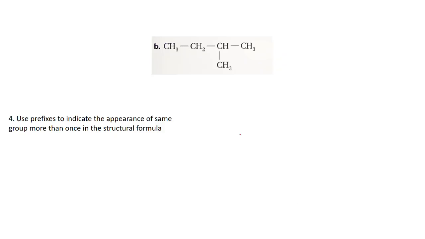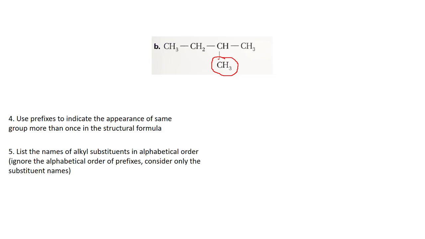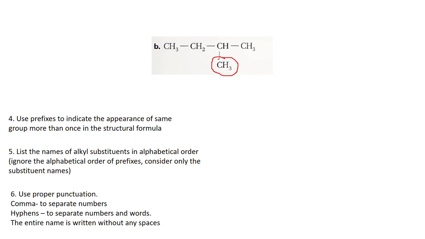This is the only substituent. A substituent is a branch in that molecule. So there's only one substituent, and rule number 4 is not going to apply to this case. Rule number 5 is also not going to apply, neither 6. So you will have the name 2-methylbutane.